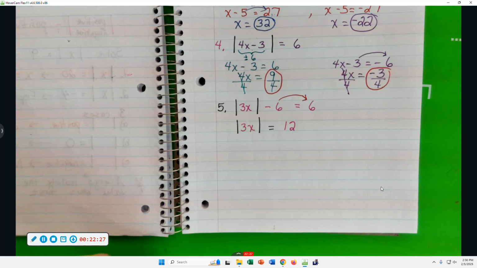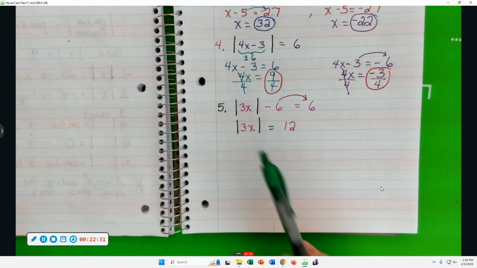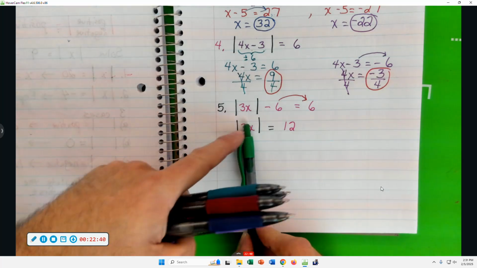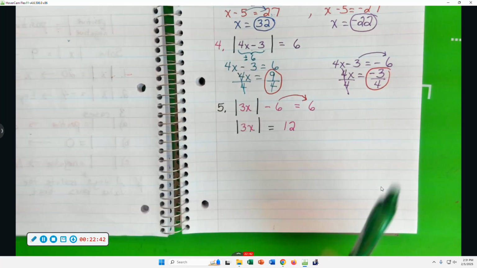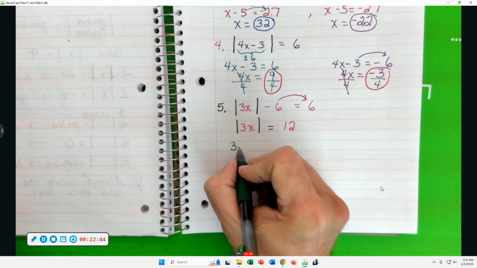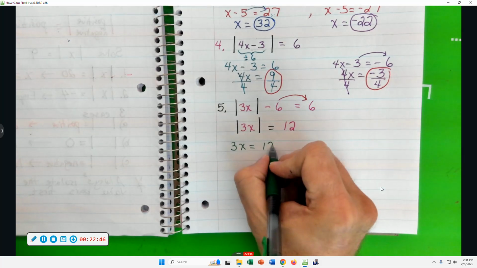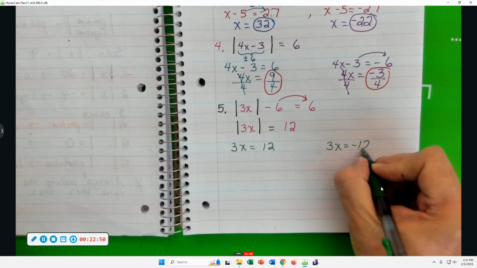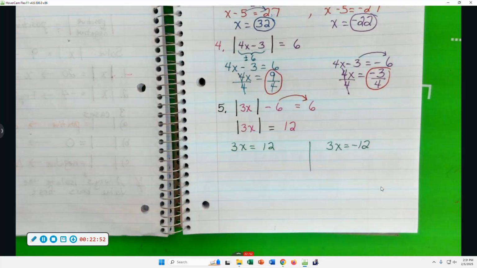But on this one, it's not like that. You should understand why. What are the only 2 numbers that have absolute value equal to 12? Well, 12 or negative 12. They're the only 2 numbers that can be in here. So the logic is either 3x equals 12 or 3x is negative 12.